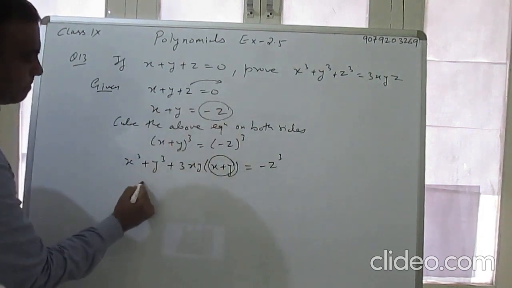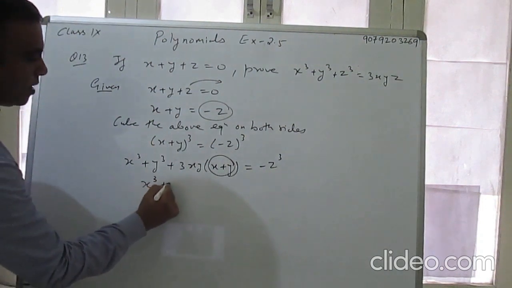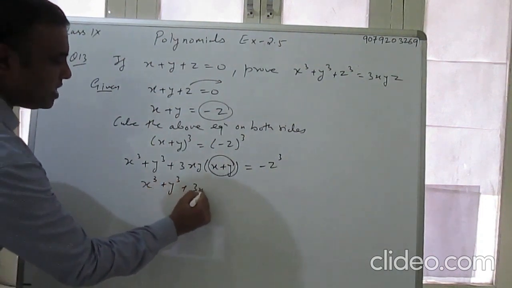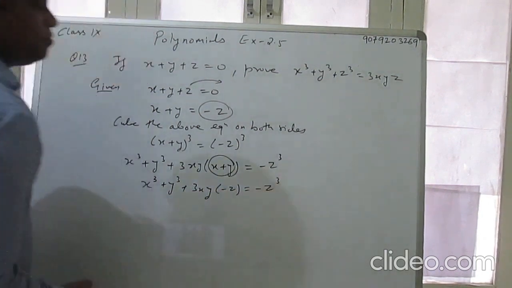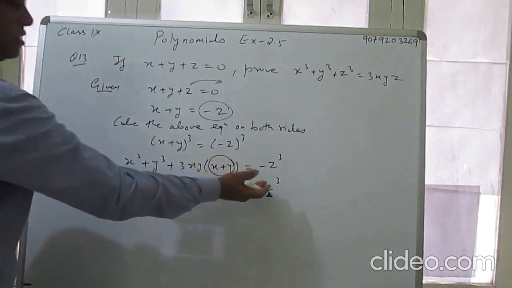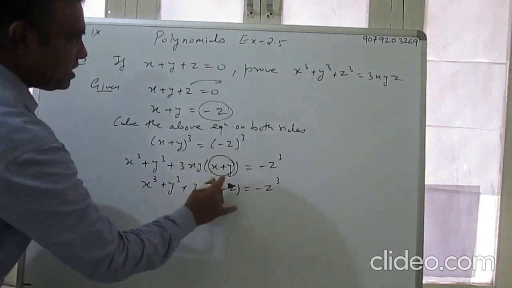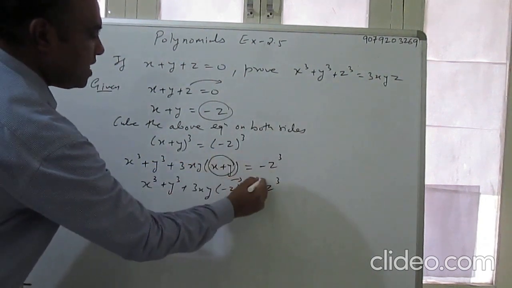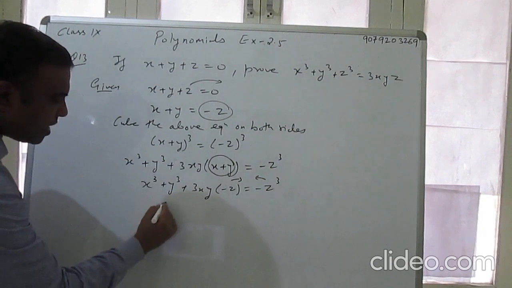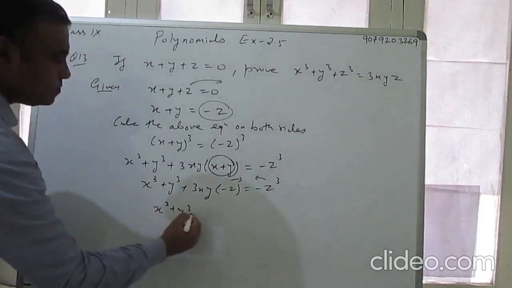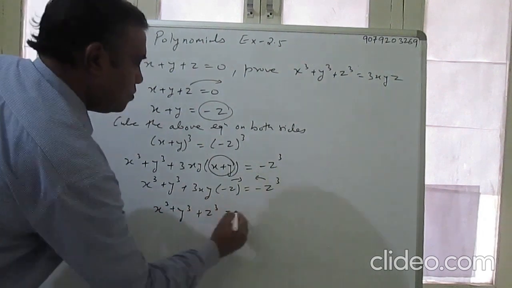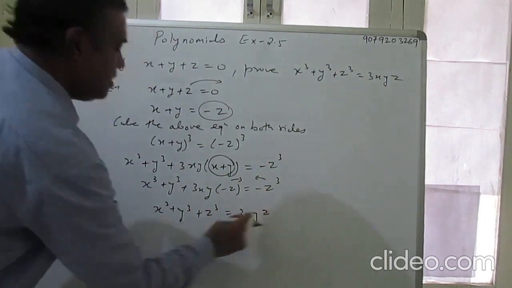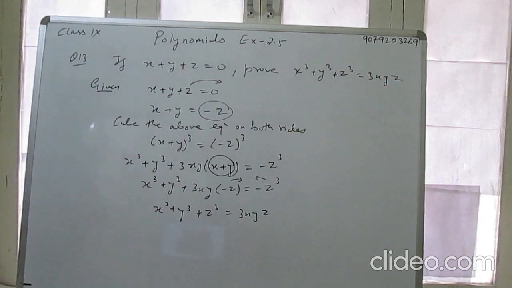So put it here: x cube plus y cube plus 3xy times minus z is equal to minus z cube. Now transpose this minus z cube to this side. So x cube plus y cube plus z cube is equal to 3xyz. This you have to do.